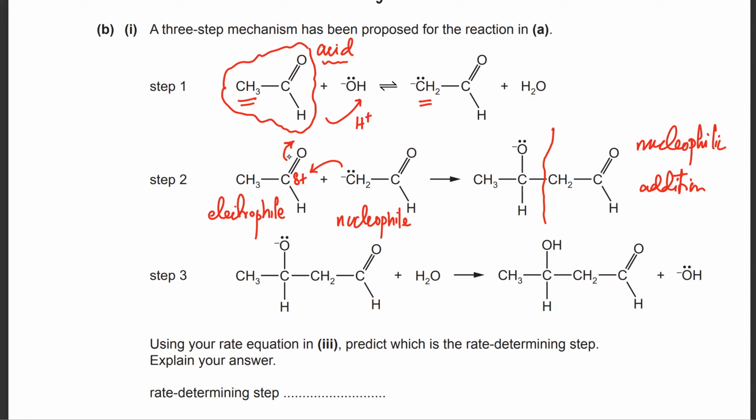But sir, we haven't really studied nucleophilic addition, I mean, we studied electrophilic addition. No, we did study nucleophilic addition. Even if you hadn't, this mechanism is not about whether you had studied it or not.